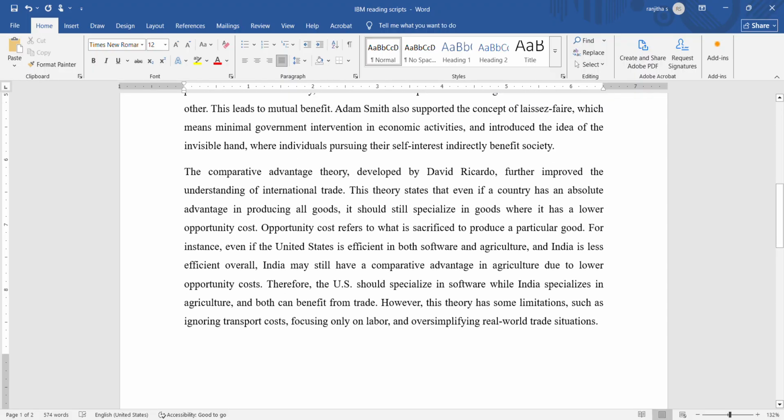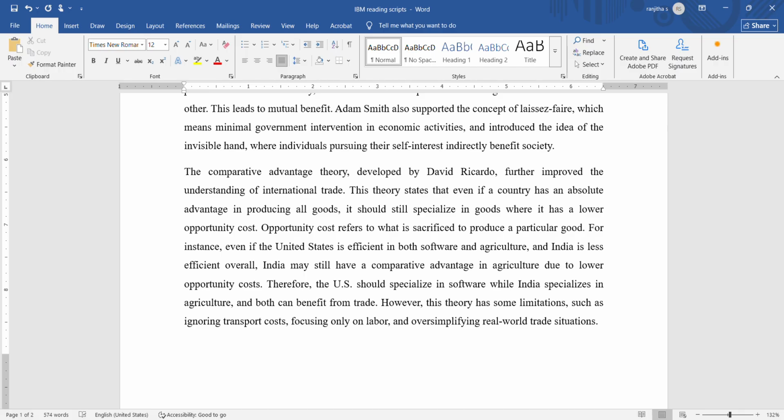Next, I would like to speak about David Ricardo's theory of comparative advantage. The theory of comparative advantage, developed by David Ricardo, further improved the understanding of international trade.